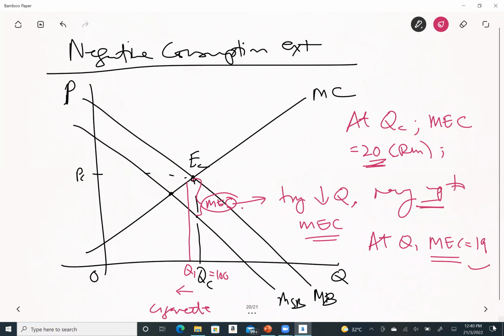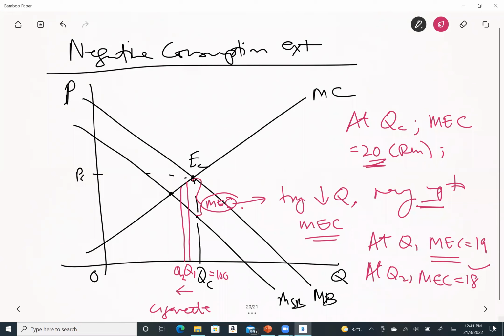Okay, you pay him 19, he will reduce, let's say to Q2. That MEC is lower now, say 18. So how much are you willing to pay him? Up to 18. So you pay 18, he will reduce.